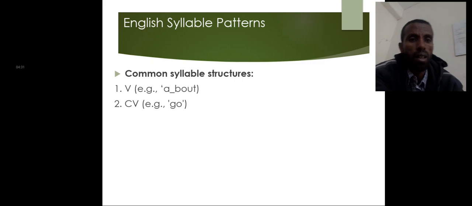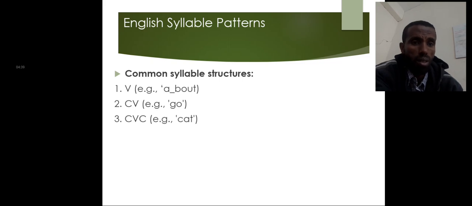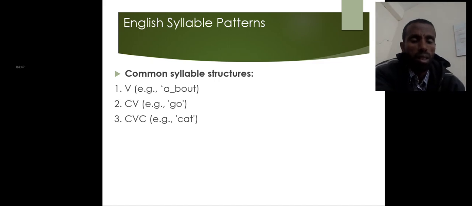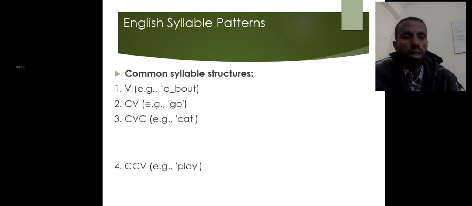Go. The third possibility or common pattern of syllable in English is CVC. So cat, we have C at the beginning, we have a nucleus in the middle, we have T at the end. So this is CVC.